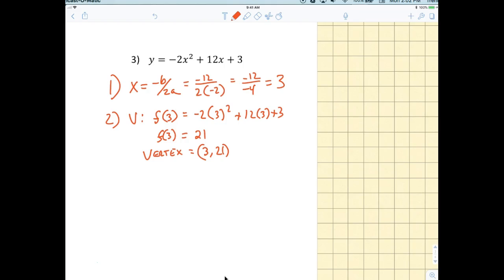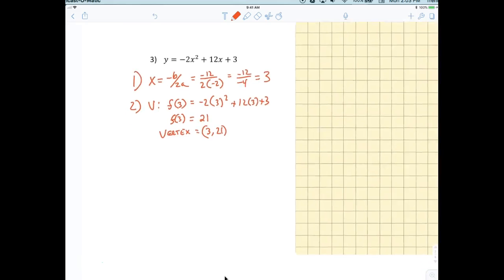The y value is always what you get when you plug negative b over 2a into the equation. Now, I chose 1 on the previous problems because I only had 1 point, so I couldn't define the graph unless I had more points. So now, the vertex is 3, 21.